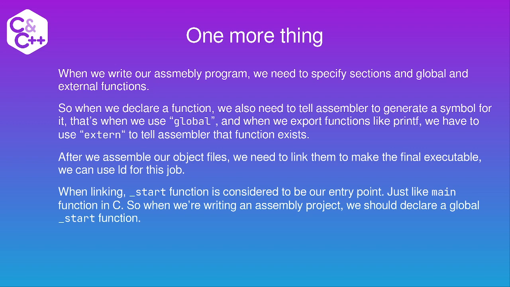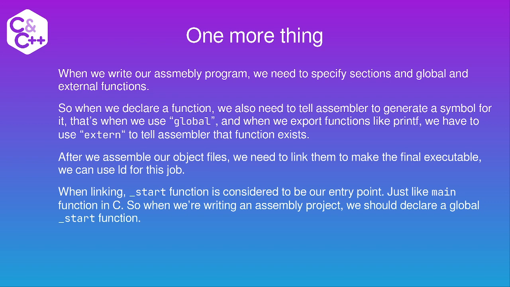Global makes it so that the function label you create is preserved as an actual object in the final object file, which means it will be a callable function from an external place.